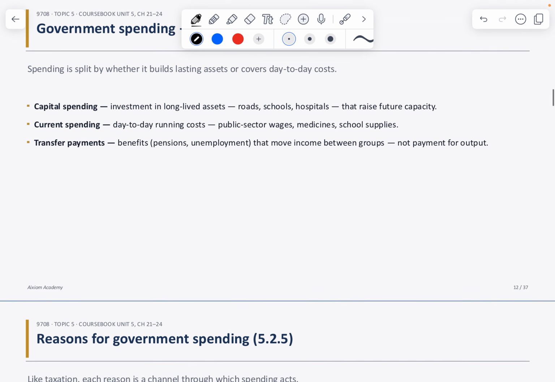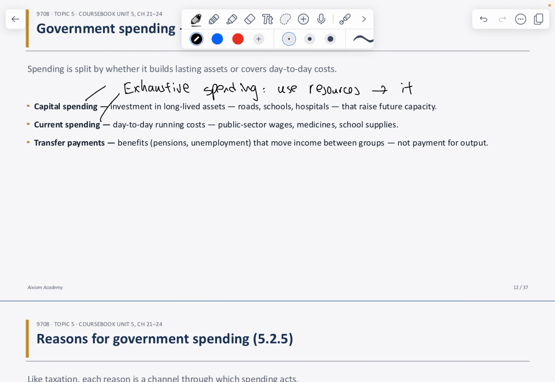And also, capital spending and current spending are classified as exhaustive spending. So basically, what it means is that exhaustive spending uses resources.